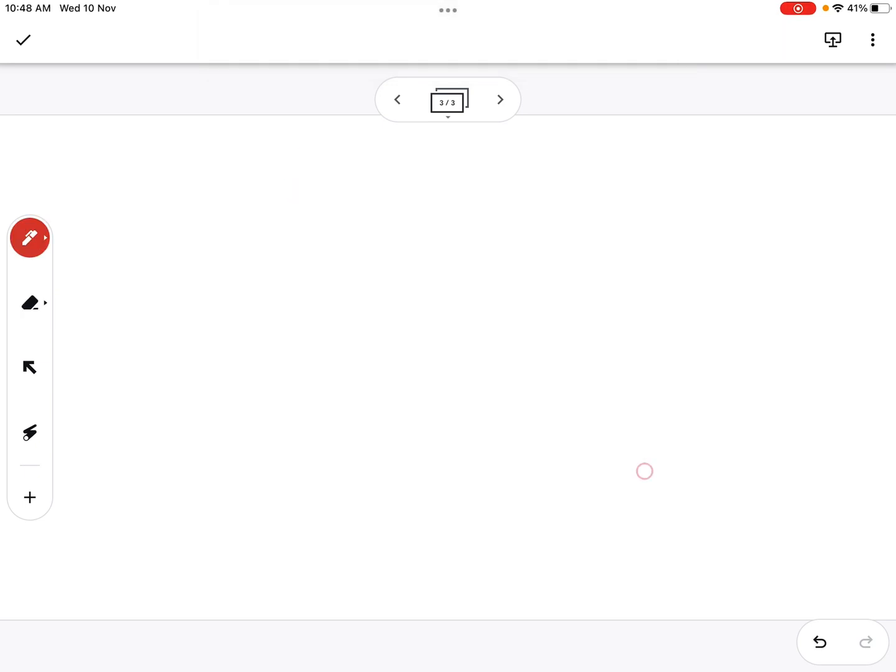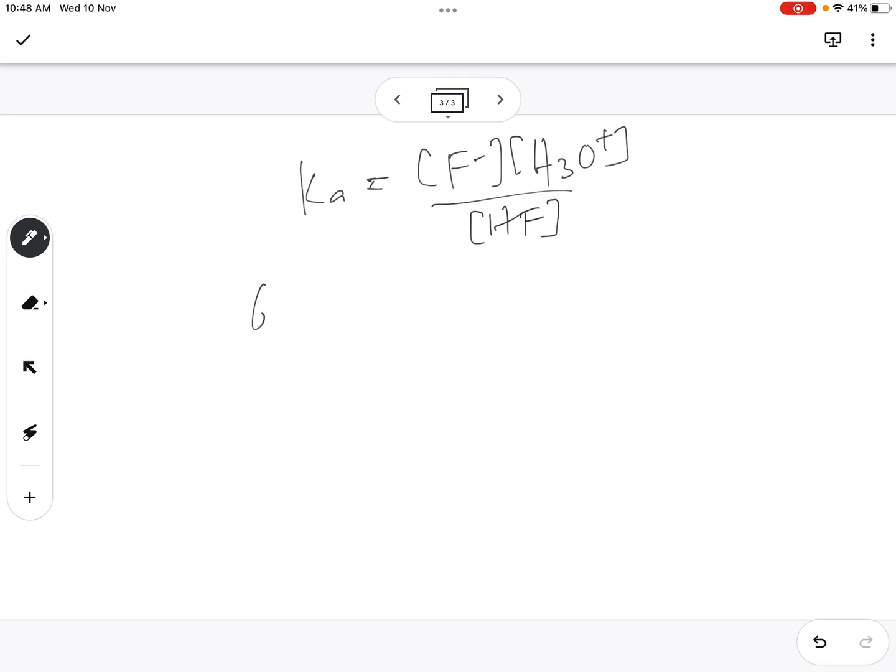Ka equals F negative H3O plus over HF. Based on the table, this is 6.8 times 10 to the power negative 4, this is X, this is X, this is 0.2 minus X. So solve for the quadratic. Okay, quickly we do it.